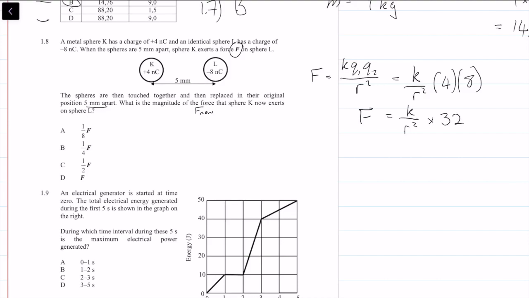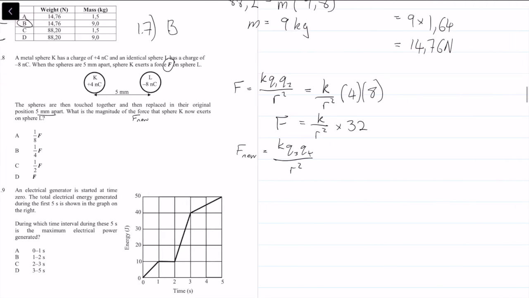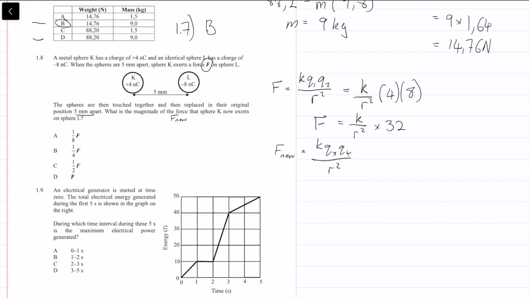So F new is going to be K Q3 Q4 over R squared. So we have to work out what Q3 and Q4 are. Remember, when we bring the spheres together and touch them, they're going to balance each other out.